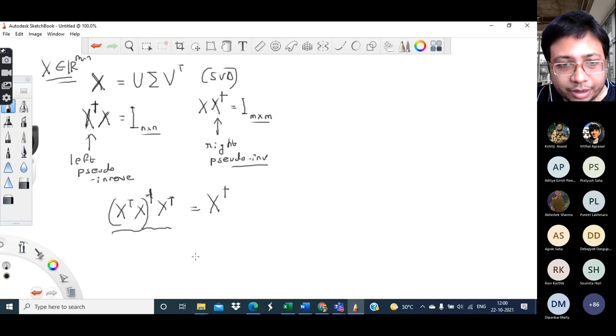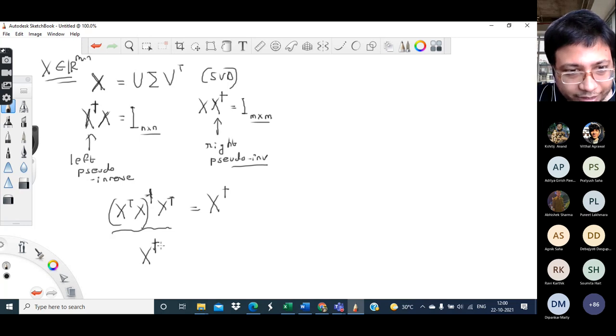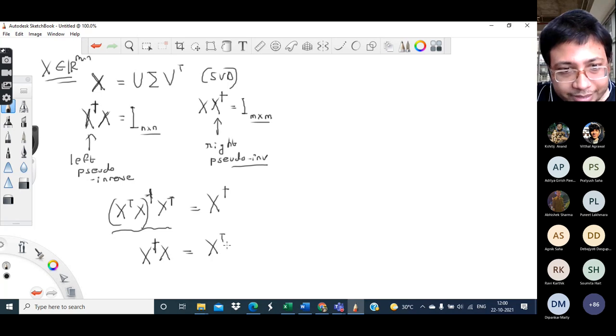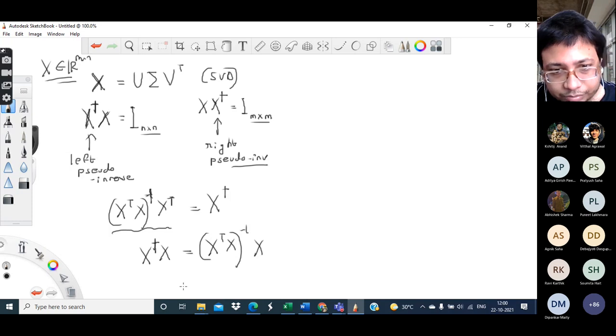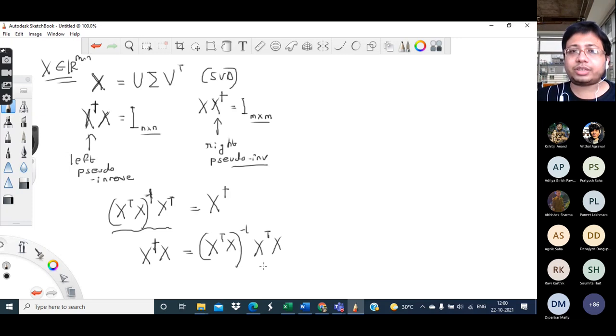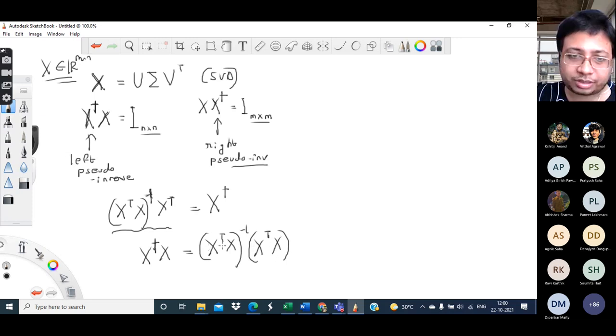That is to say, if I post multiply this by X, that is, if I calculate X dagger X, then this is X transpose X whole inverse times X transpose times X. Using associativity, I can put the brackets here so that this becomes (X transpose X) inverse times (X transpose X), which is nothing but I of n cross n.